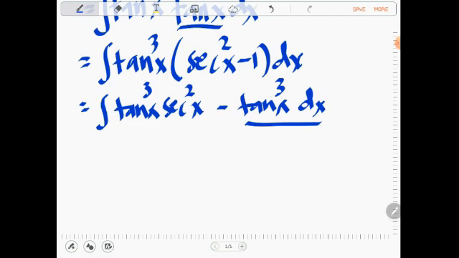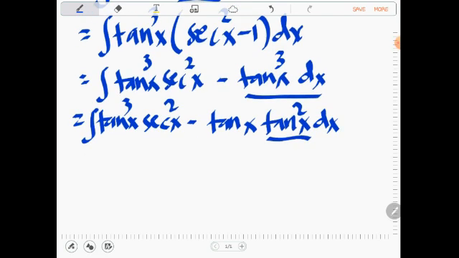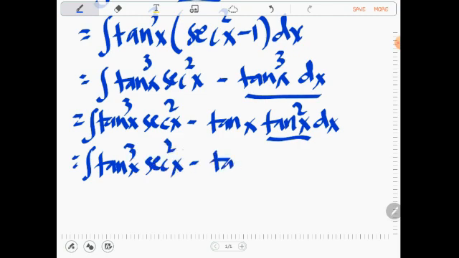So, expand natin ito. So, this should be equal to the integral of tan of x cubed secant of x squared minus tan of x and then tan of x squared dx. Ito ay merong value ulit. So, this should be equal to the integral of tan of x cubed secant of x squared minus tan of x times secant of x squared minus 1 dx.